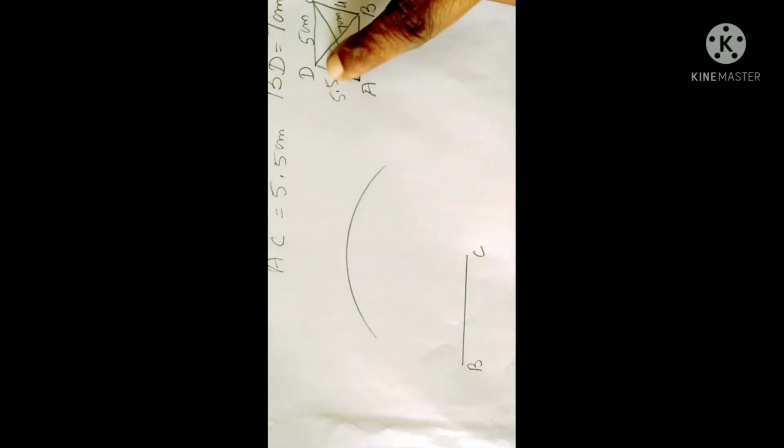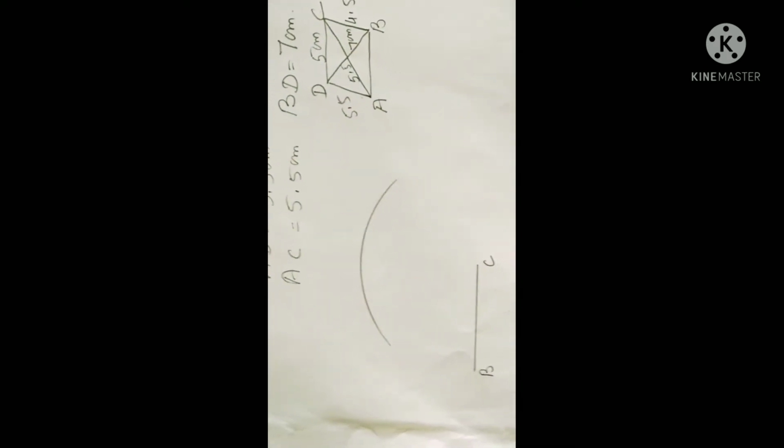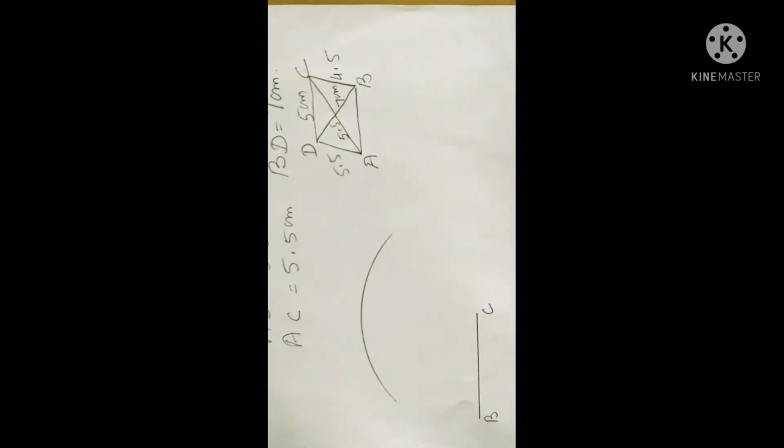Okay. And then from B it is 7 centimeter. So let us take 7 centimeter. I am taking 7 centimeter in the compass. You see 7 centimeter. And from where is it 7 centimeter? From B it is 7 centimeter.